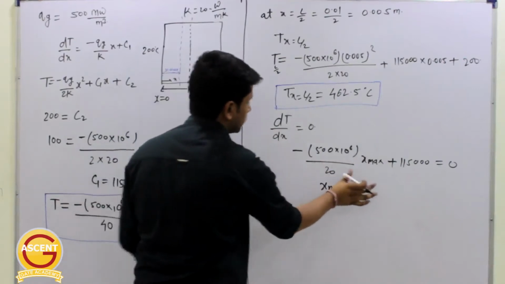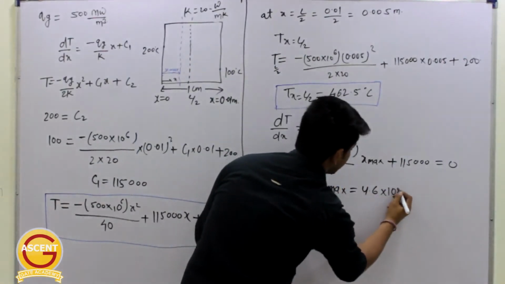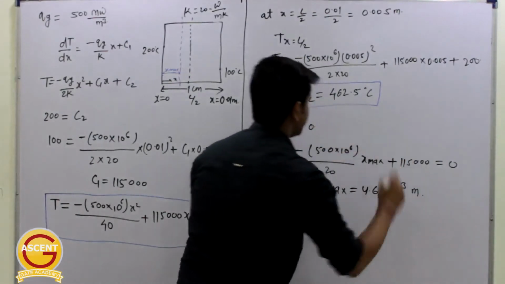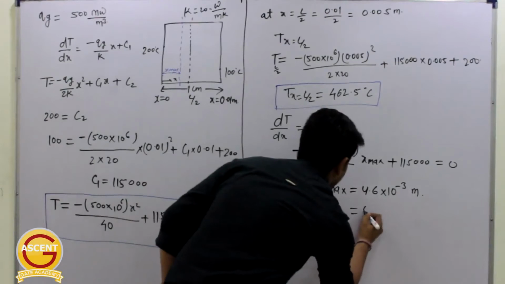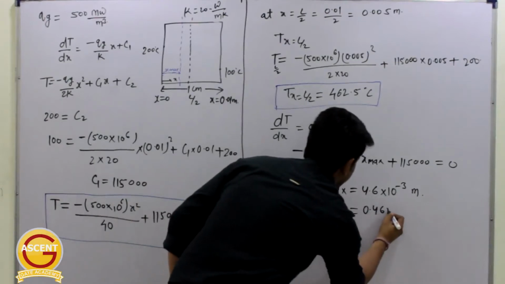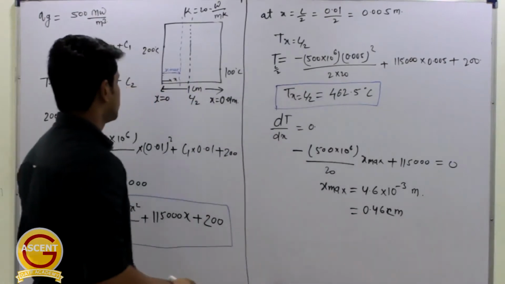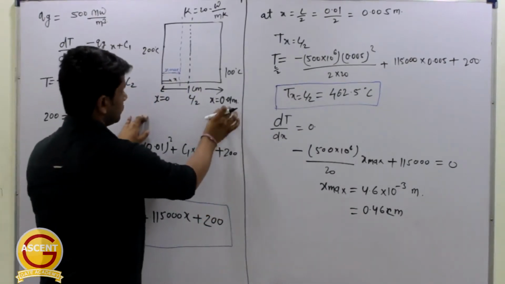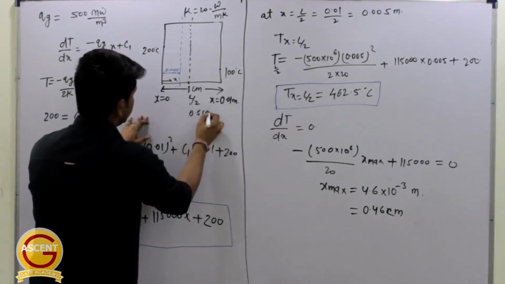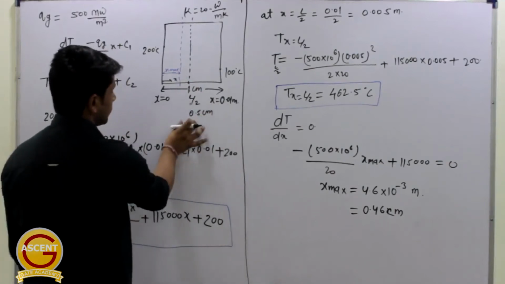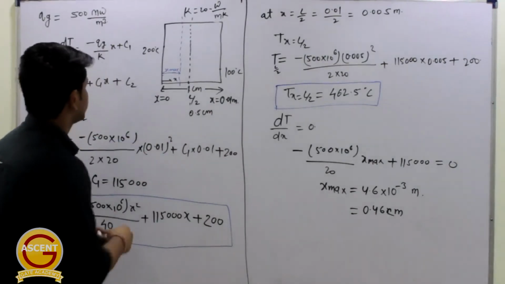So you can easily calculate that, and you will get it as 4.6 into 10 power minus 3 meter, or it will be equal to 0.46 centimeter. Right? So because total width is 1 centimeter, this mid length will be 0.5 centimeter, and just before this 0.5 it will be 0.46 centimeter. Right? So write down this value.